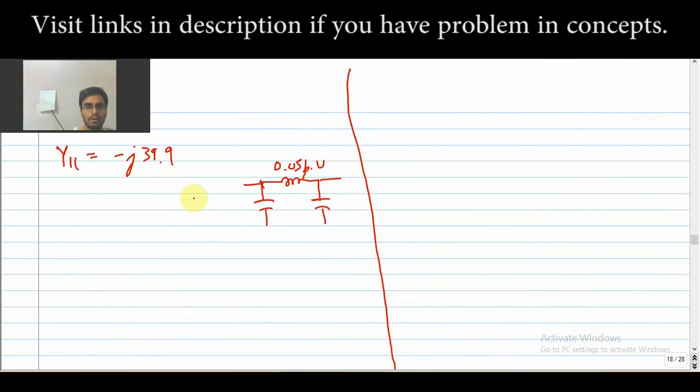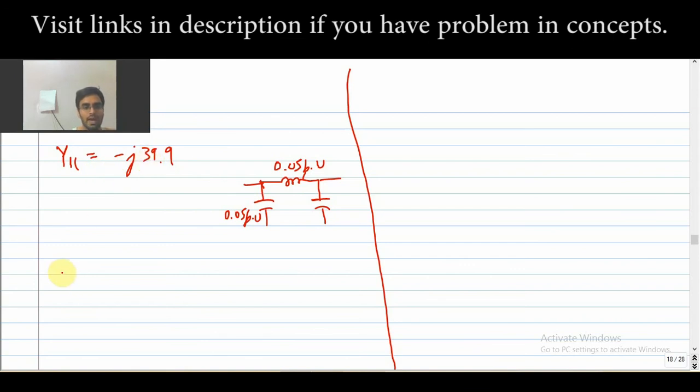Susceptance is given to you as 0.05 per unit. Susceptance means the inverse of the capacitance. So the admittance is already given to me. Your Y11 is given as minus j39.9.